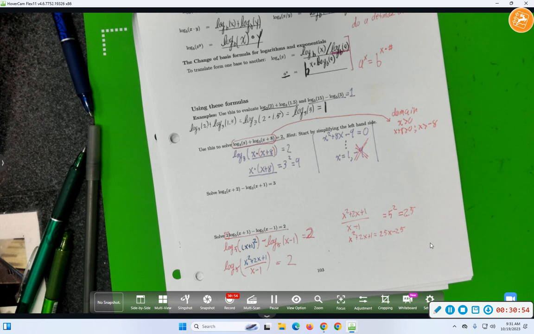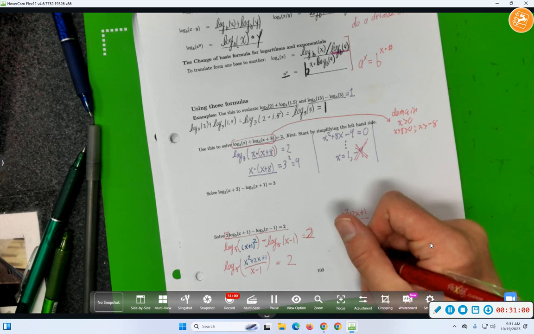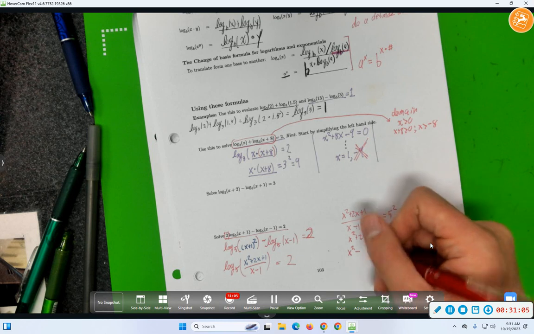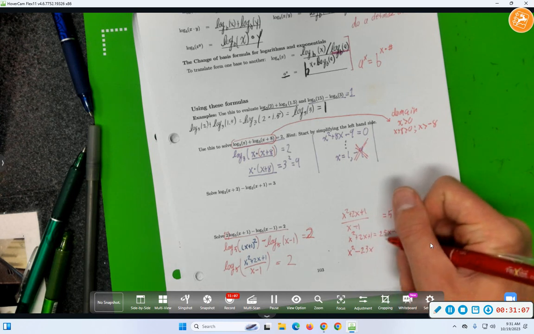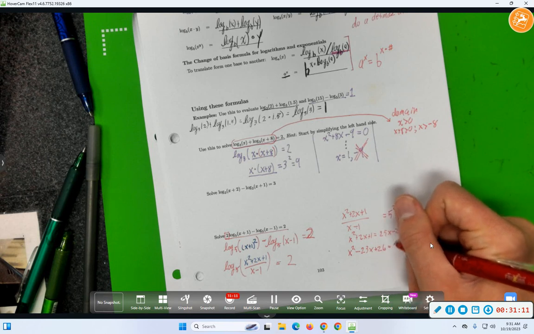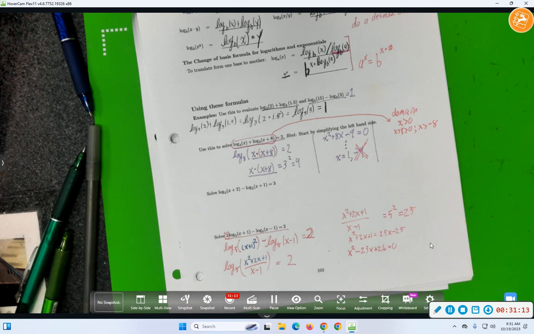I think I want to just get everything onto the same side, because then I can use the quadratic formula. And the numbers are ugly enough that I think that's just what I want to do. x squared minus 2 minus 25 is 23x, 1 plus 25 is 26, equals 0. So we're chugging along.